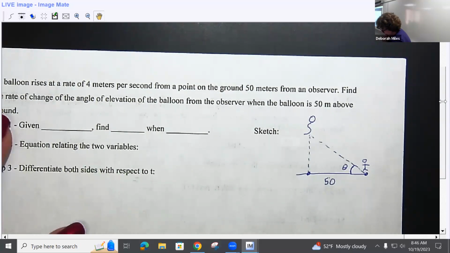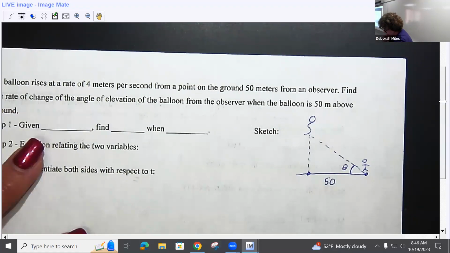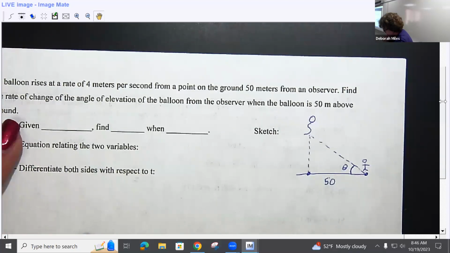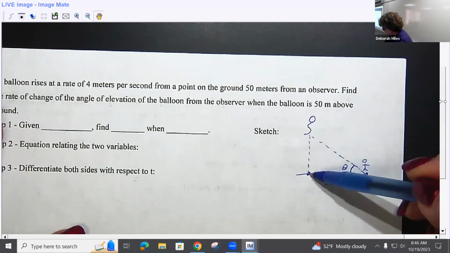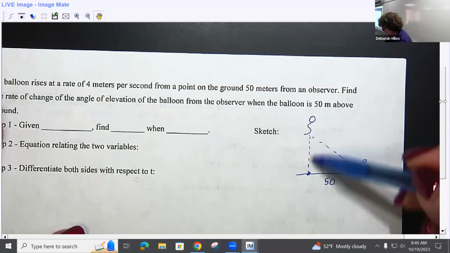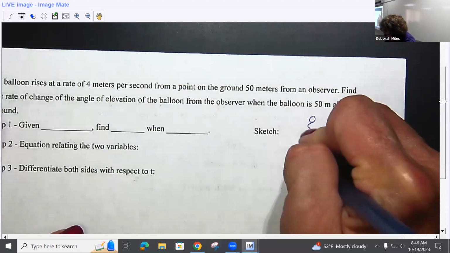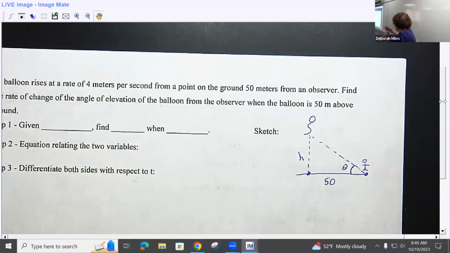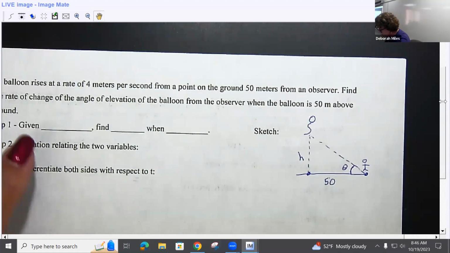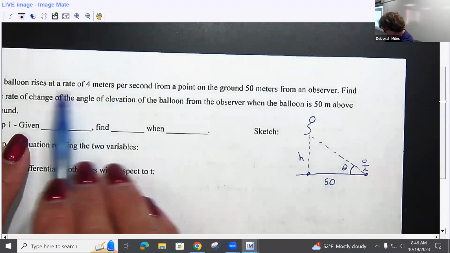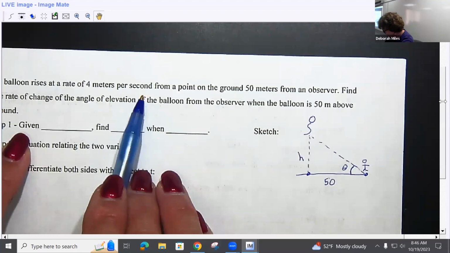Now, what variables do I need? What's that 4 meters per second? It's how fast this is changing. So what can we call that? H for height is perfect. I was thinking Y is usually a vertical component, but I like H, that works. What symbol could I use then for the rate of 4 meters per second?